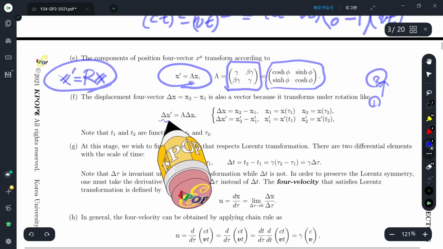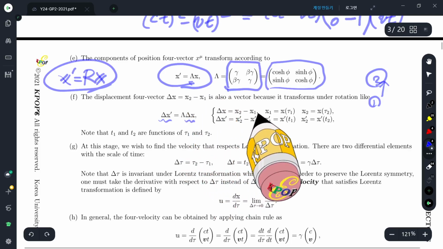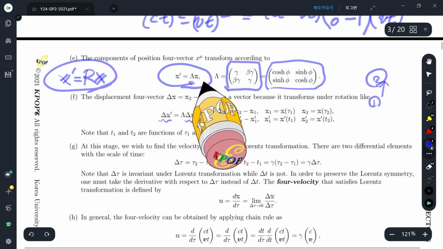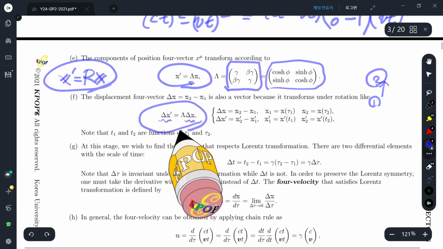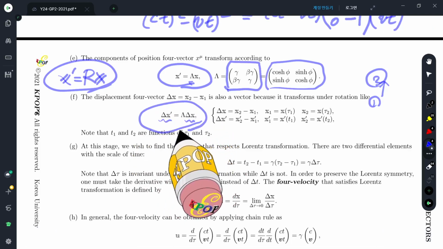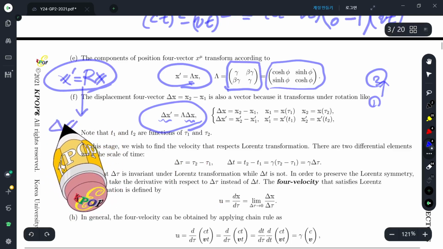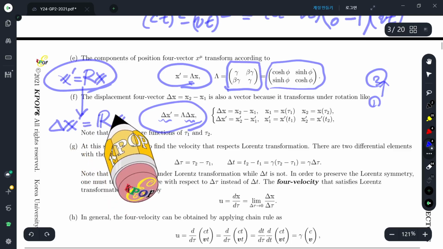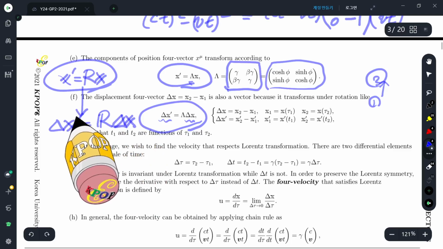These are finite differences for displacement, because each of x1 and x2 satisfies the Lorentz transformation. The difference must satisfy the same kind of relation. This is parallel to the computation of the displacement delta x, and this is the primed one.